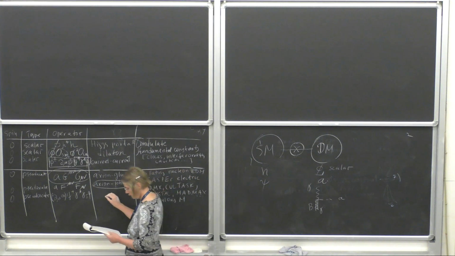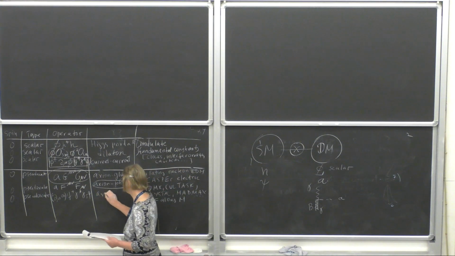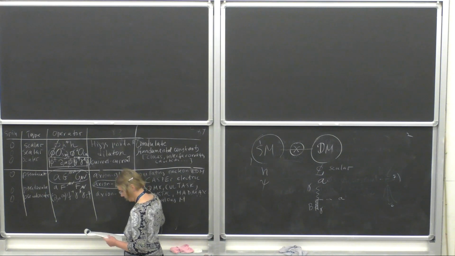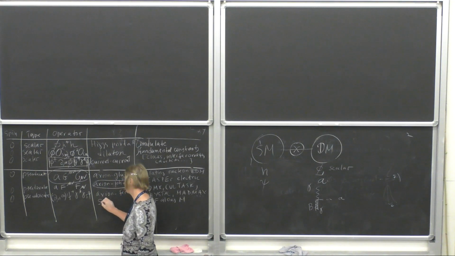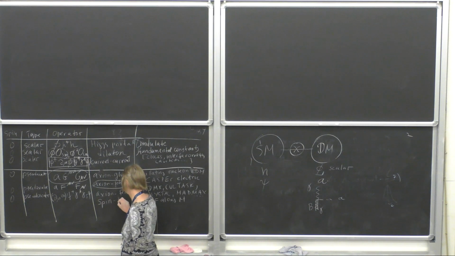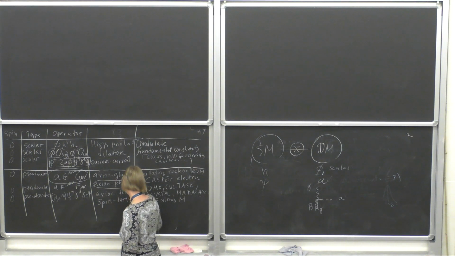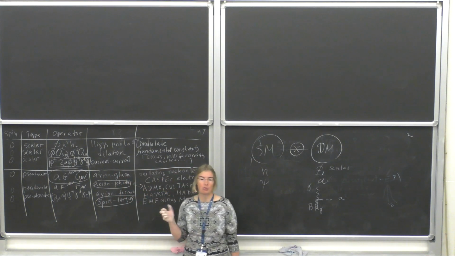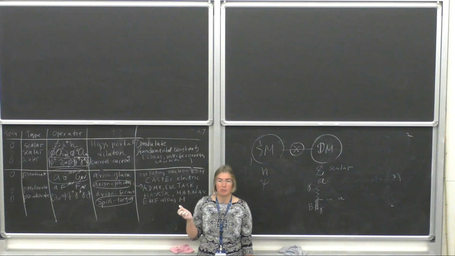So this is axion-fermion. And what this causes is a spin torque. I'm kind of running out of space there. So essentially it causes spins to precess. And that's what people have been looking for.